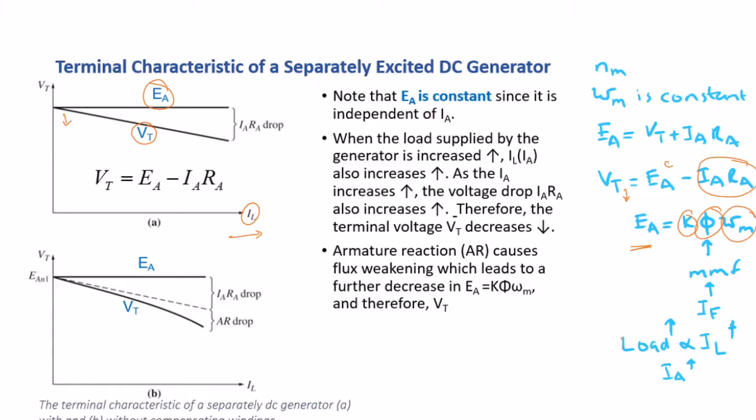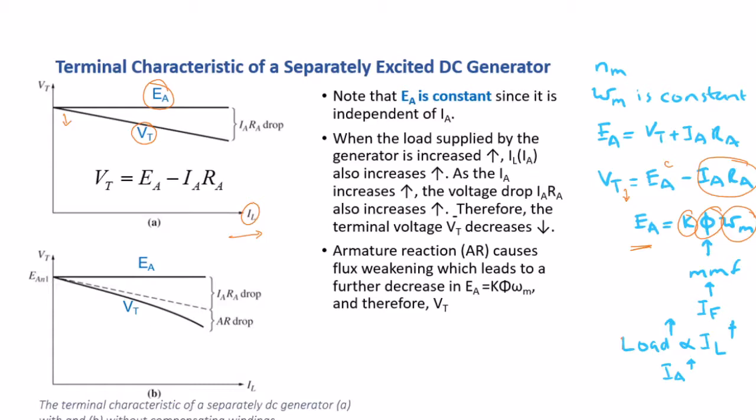Now that would be the terminal characteristic of this DC generator when armature reaction doesn't exist, or we assume that armature reaction doesn't exist. But when armature reaction is present, it will have effects on the Vt. How does it affect the Vt? We know that the armature reaction causes flux weakening.